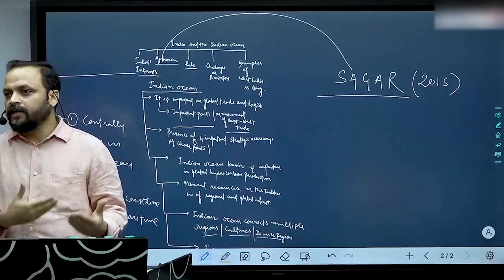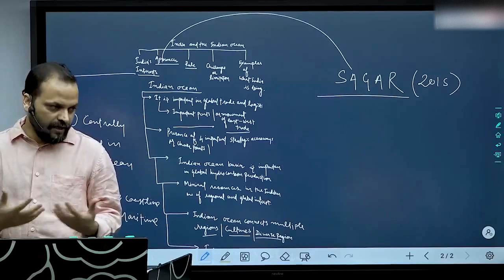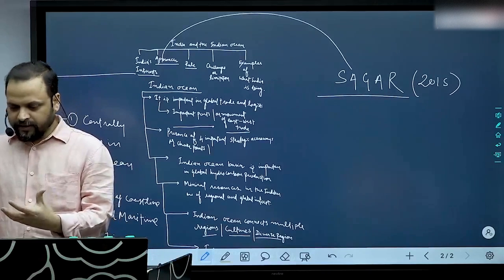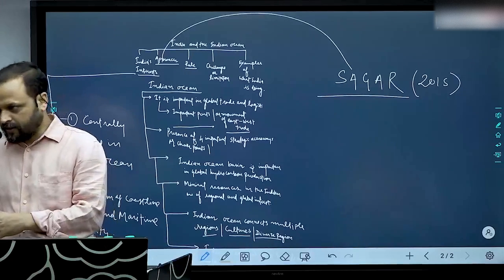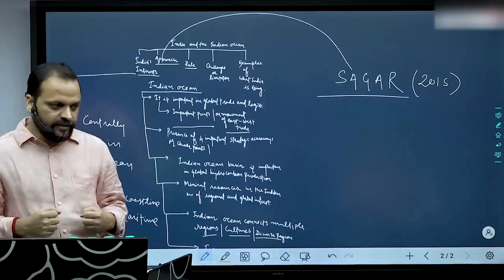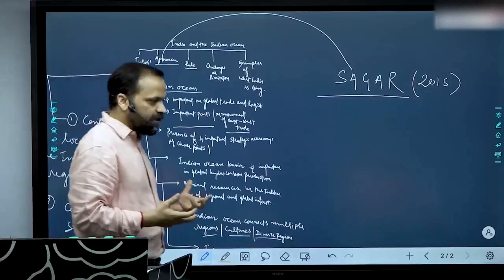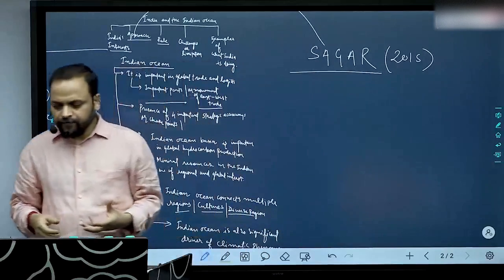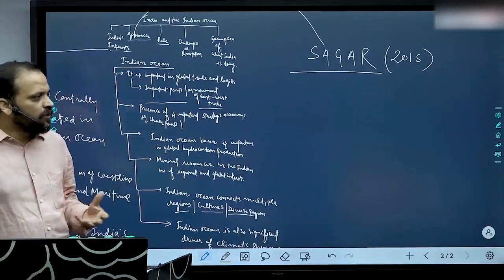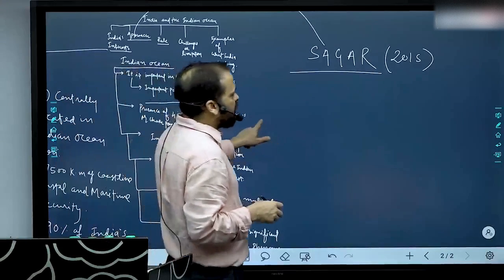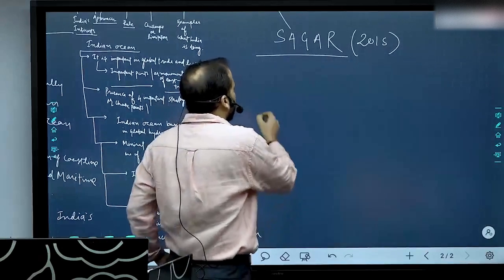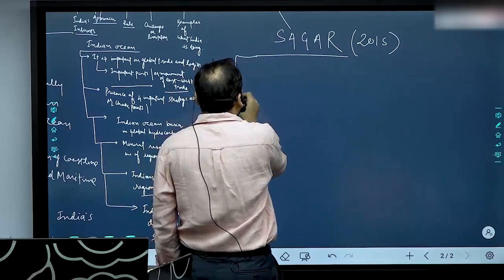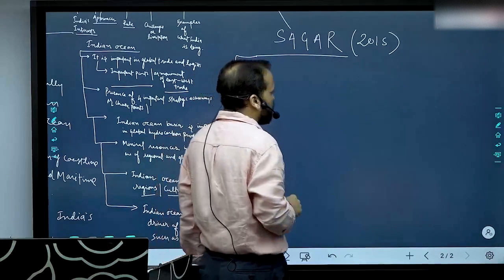So there is a certain development of thought in the navy. And then there is a certain development of thought in the security circles that India's internal security challenges are linked with India's coastal security. So thereby, we have come to a stage where we consolidated our vision on India's role in the Indian Ocean, or India's approach in the Indian Ocean, through Sagar.